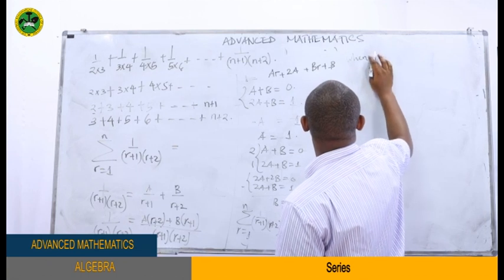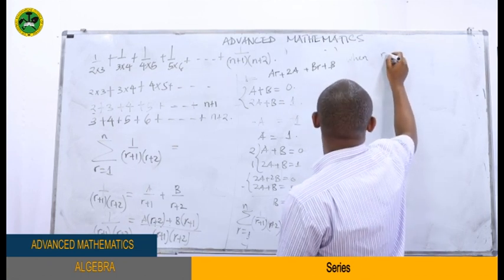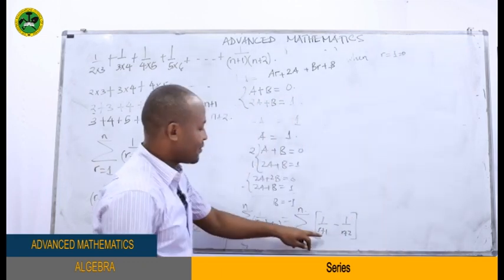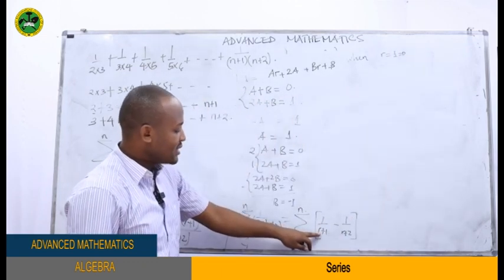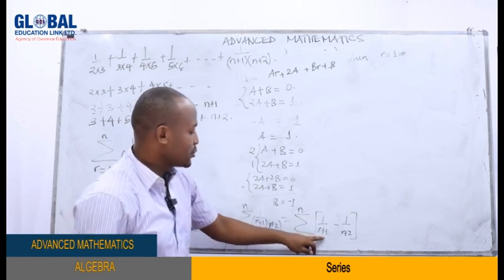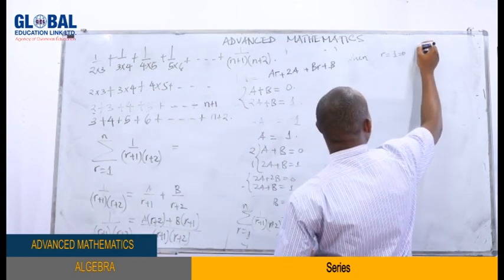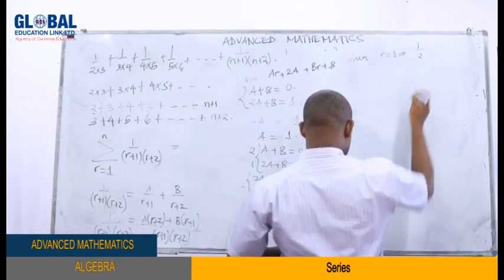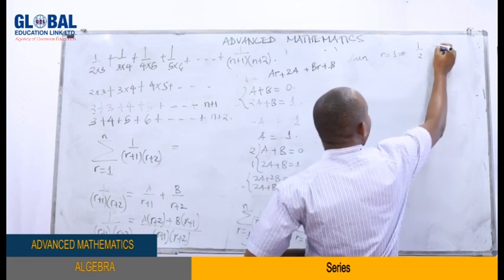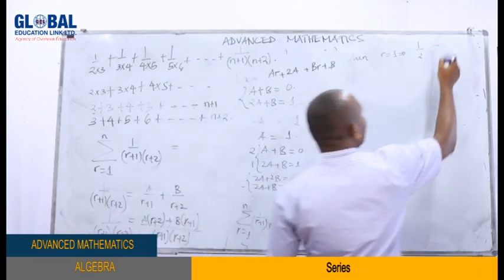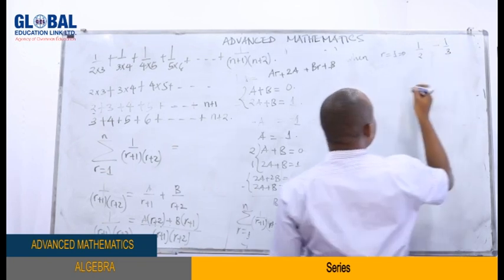Now let's try to check. When r is equal to 1, putting 1 there, we are going to have 1 over 1 plus 1, that is 2, minus 1 over 3.